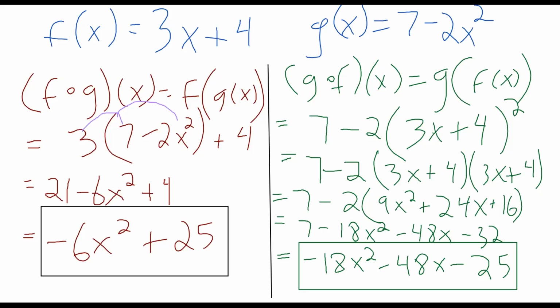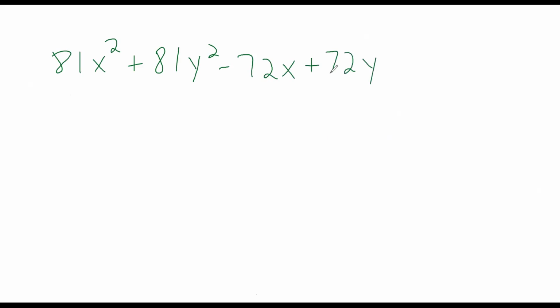Let me write out the equation. 81x squared plus 81y squared minus 72x plus 72y minus 32 equals 0.